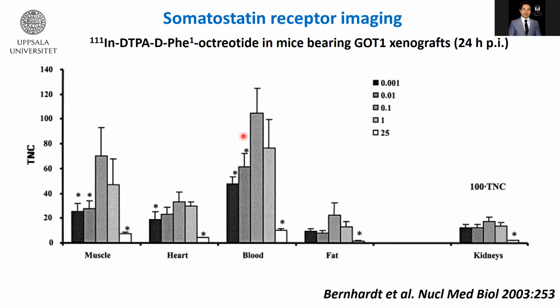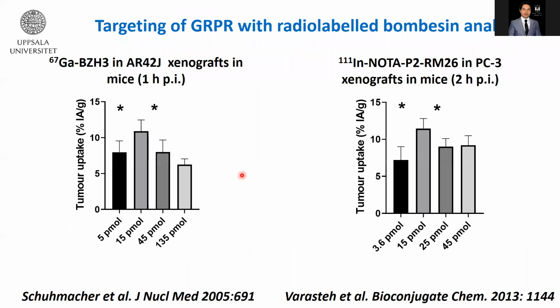And again, one could see the bell-shaped curve in the dependence of tumor to non-tumor ratio at different masses. The lowest mass, highest molar activity is providing low contrast. So that means that it is a bad idea.